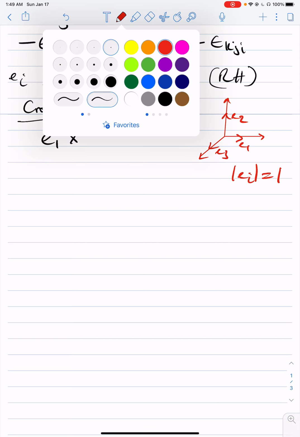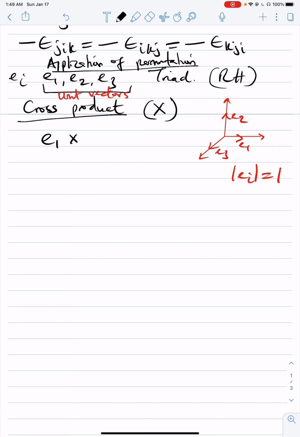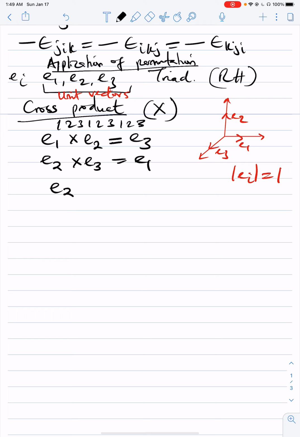What happens is e1 cross e2 will be e3, if you follow the permutation symbol. In the same way, look at the order 1, 2, 3, 1, 2, 3: e2 cross e3, the next one should be 1, and we get e1. Then e2 cross e.